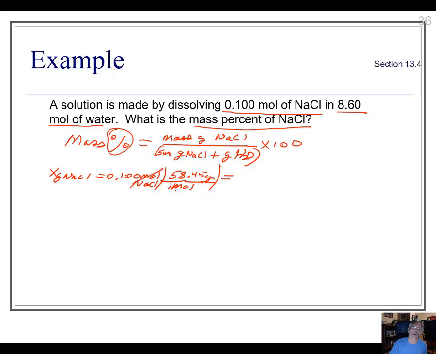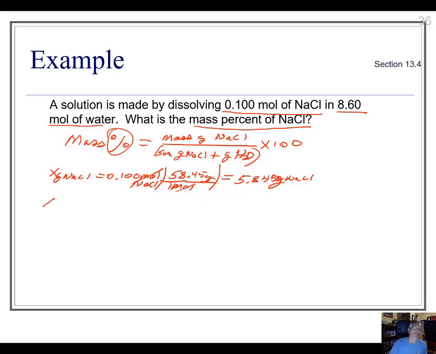So when we multiply across, moles of sodium chloride will cancel, and this is pretty easy because this is just 0.1, so that's going to be 5.845 grams of NaCl. We just wind up moving the decimal place one place to the left because we're multiplying by a tenth. So it's going to be a tenth of this.